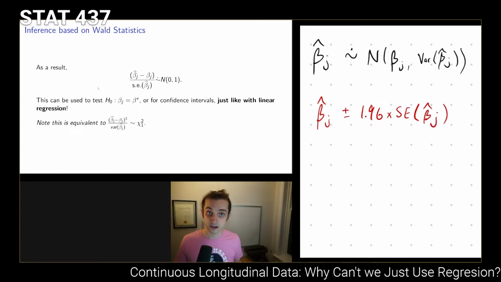And that's going to give us a 95% confidence interval. Of course, this 1.96 is coming as the z-score of 0.975.